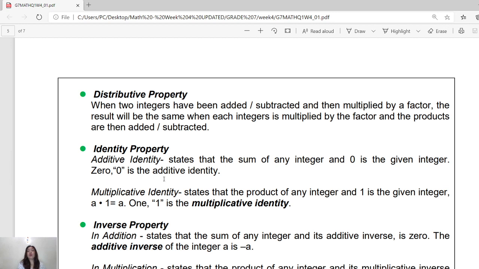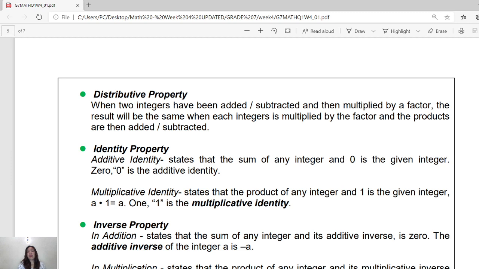Therefore, 0 is called the additive identity. Multiplicative identity states that the product of any integer and 1 is the given integer. For example, A times 1 is A, and 1 there is called the multiplicative identity.